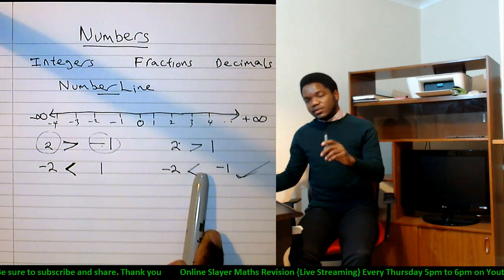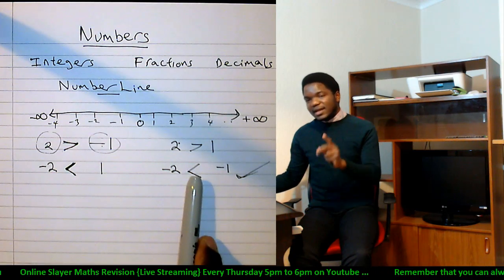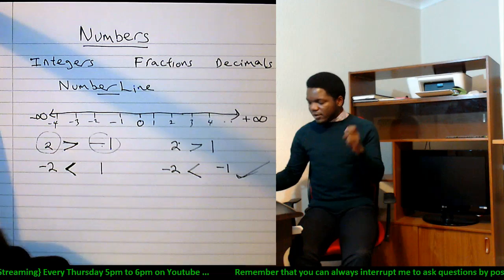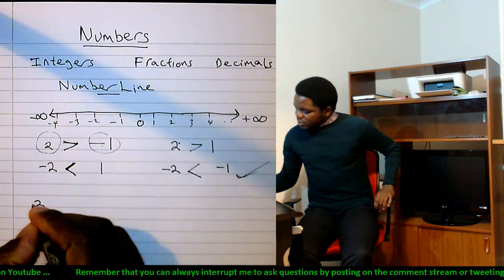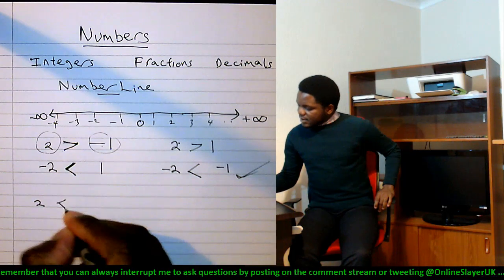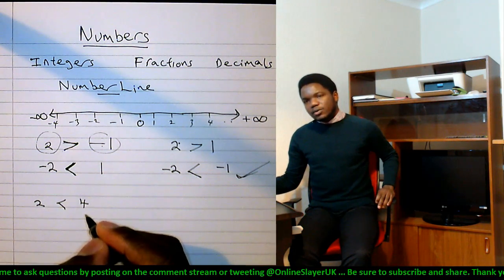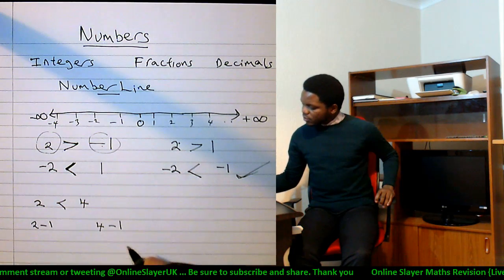So multiplication and division. Take note, if you are adding or subtracting a negative number, you have no reason to change the sign. For example, let me just write 2 is less than 4. That is agreed. Now let us subtract 1 from both sides. 2 minus 1 and 4 minus 1.